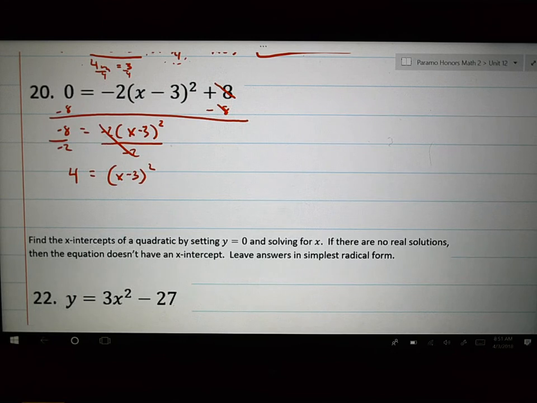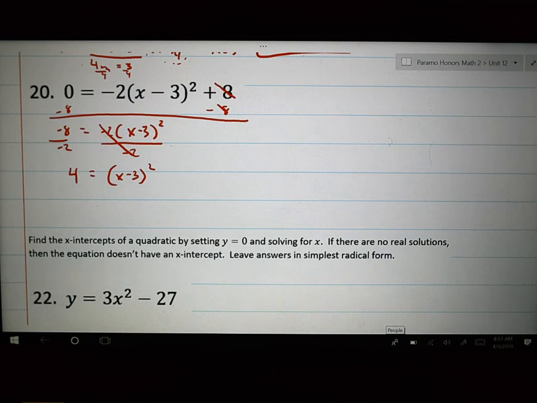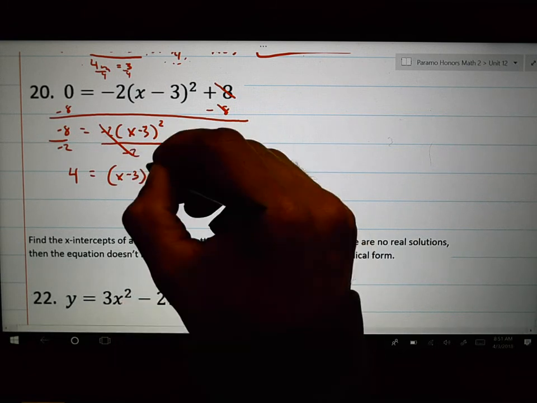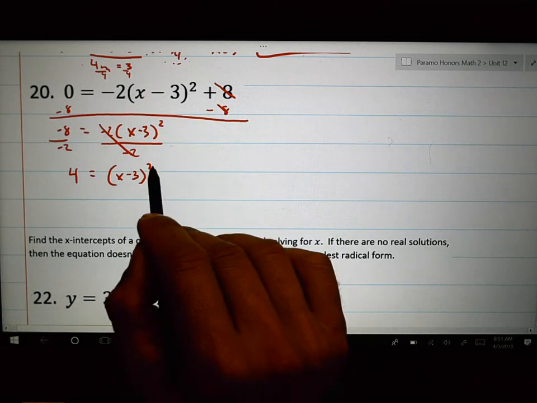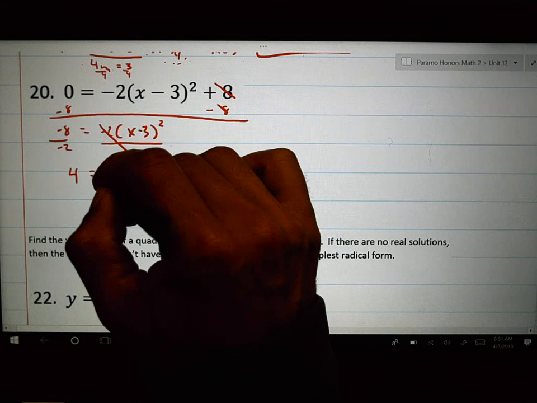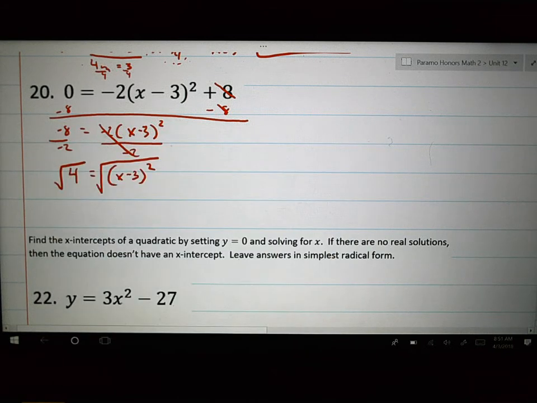And now what we have is something squared equals 4. I want to get rid of this squared term. The opposite of squaring something is square rooting something. The square root of 4 is 2.